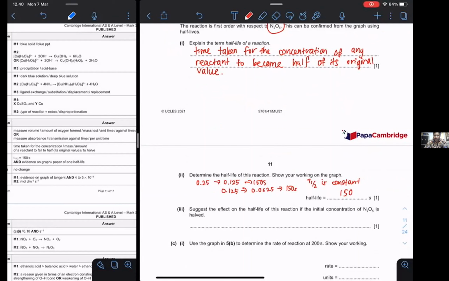So it's independent of the concentration. The half-life is still going to be the same, so there is no change.